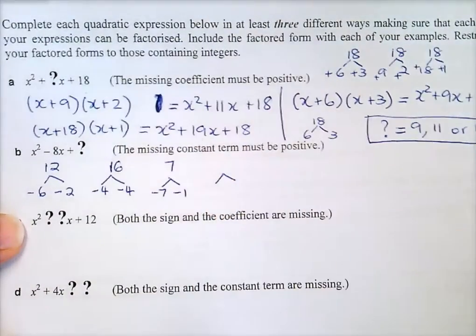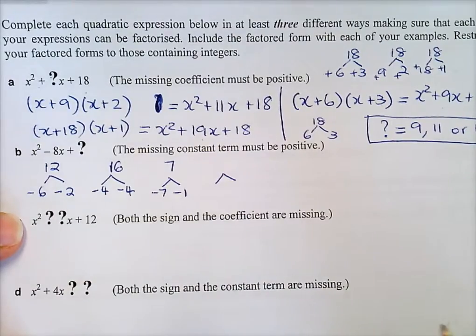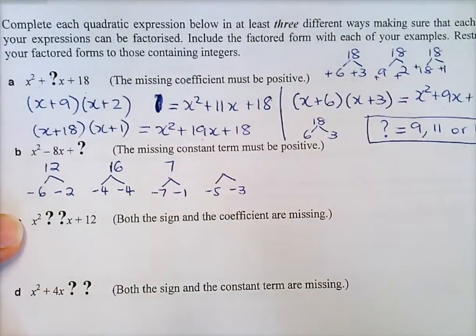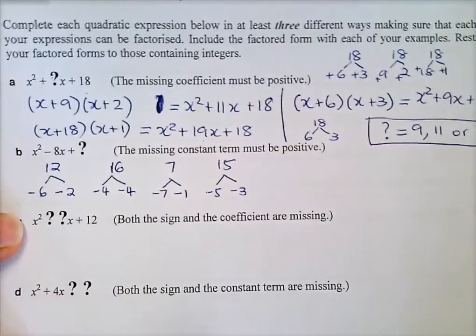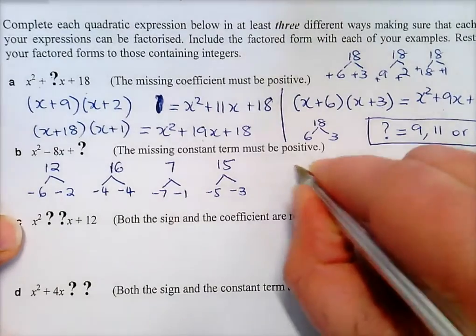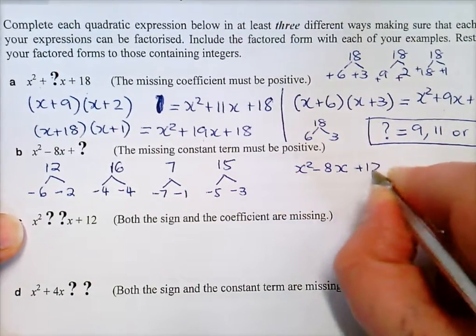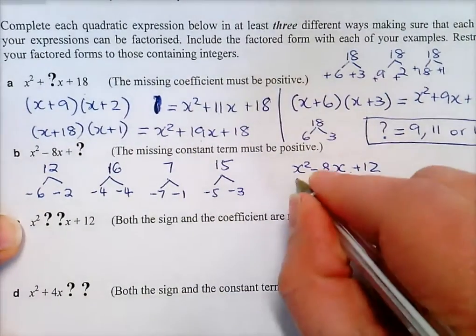And there's one more combination. I've got 6 and 2, 4 and 4, 7 and 1, negative 5 and negative 3 add up to give negative 8, but multiplied to give positive 15. So these factorizations could have been the following. X squared minus 8x plus 12. I'm just showing you. Do you get it?